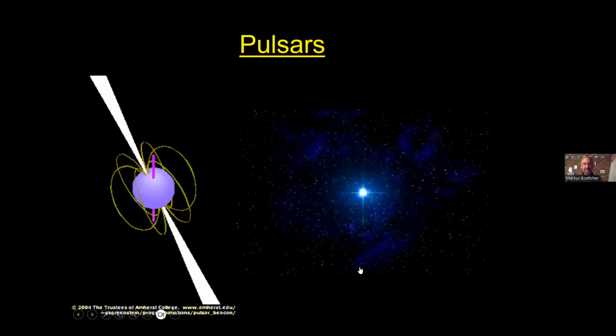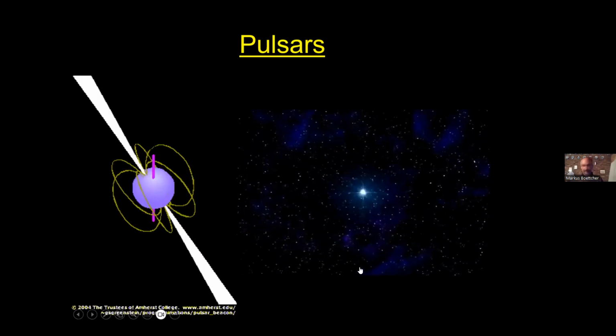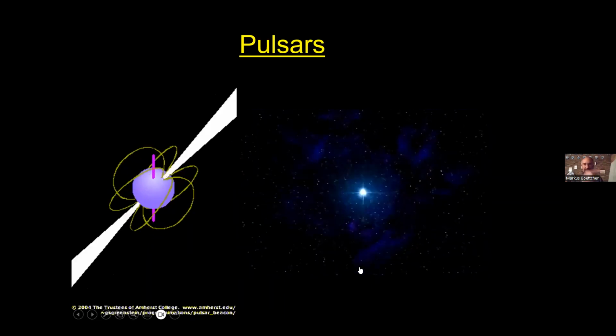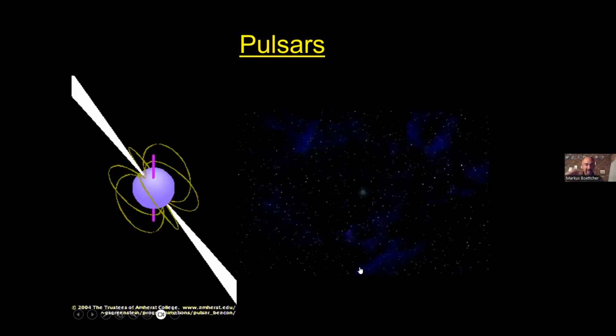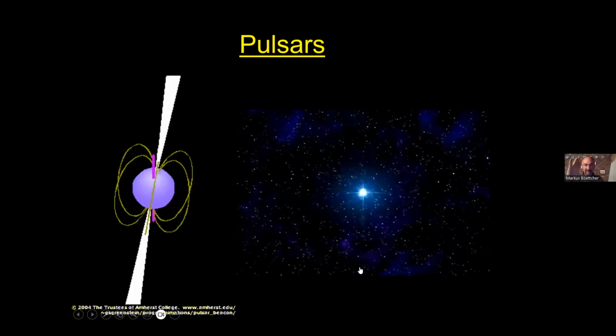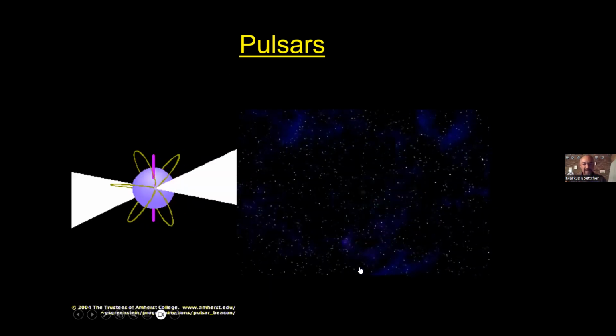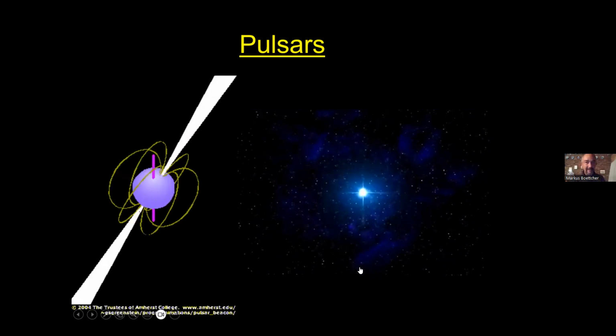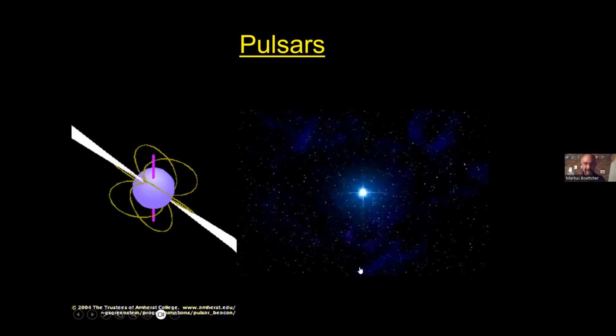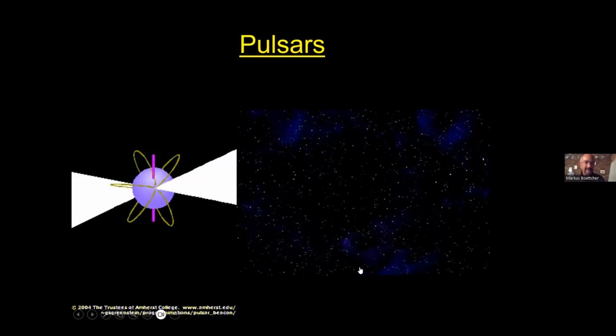And if we happen to lie in the path that this beam traces out in the sky, then every time the beam hits us, we see a little blip of radiation. That's why these systems are called pulsars, because they are very constantly pulsing systems.